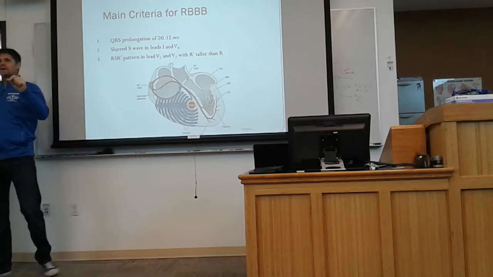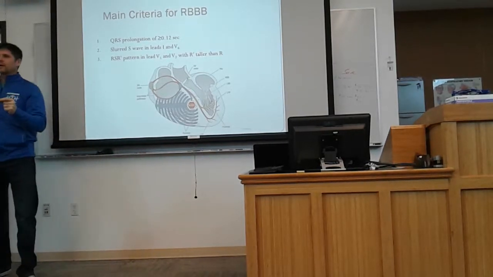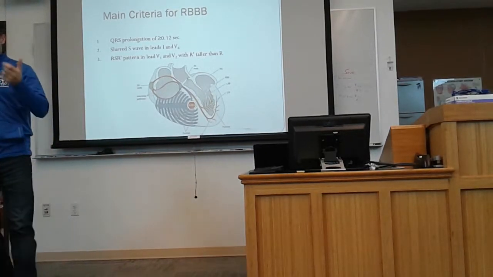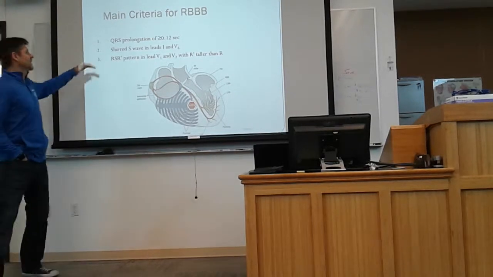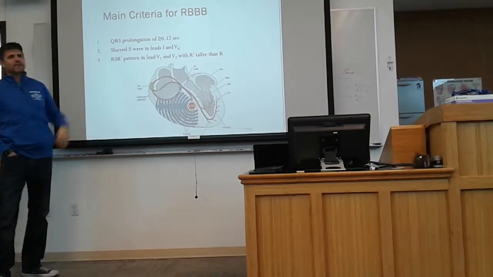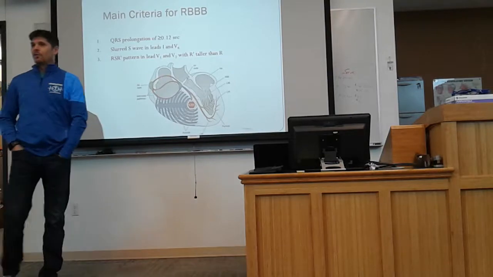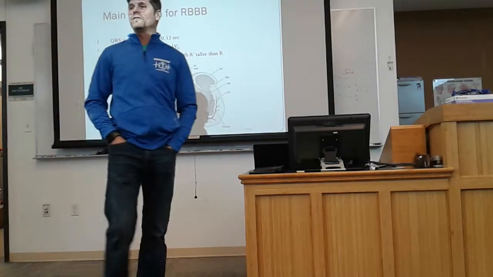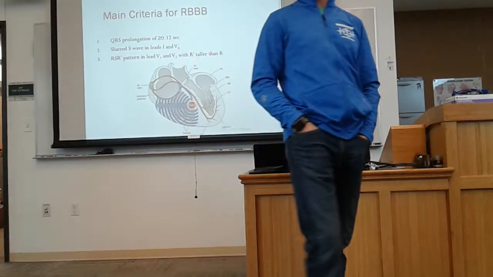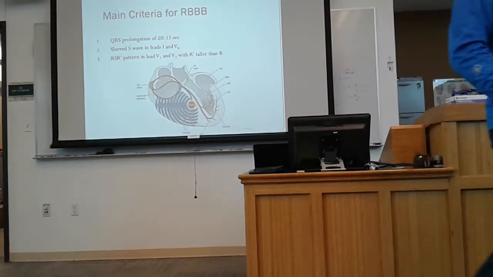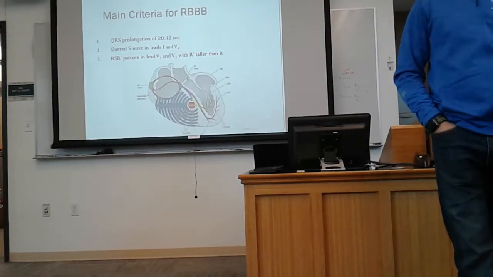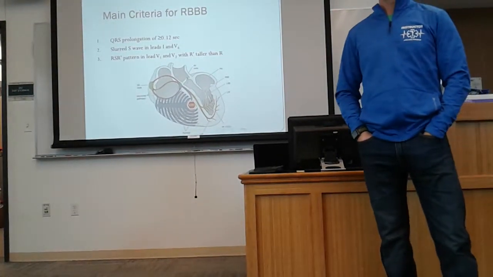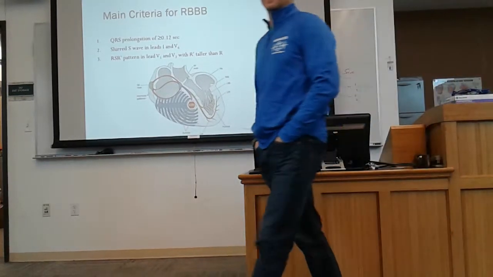All right. We have a wide QRS complex. The very first place that we'll look, if we have a wide QRS complex and we're trying to determine left or right, is we're going to look in leads 1 and V6. I haven't talked about those leads yet. Leads 1 and V6 look where? Left lateral.